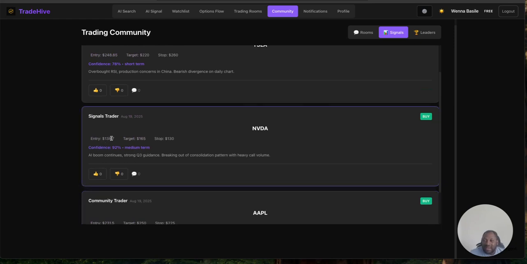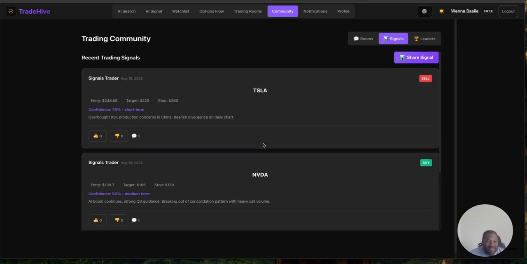NVIDIA, wow, look, entry. NVIDIA got an entry point around that price, and it went up. The stop was $7, $8 from entry, and you just watch NVIDIA continuously growing with 92% momentum. That's the best ever.